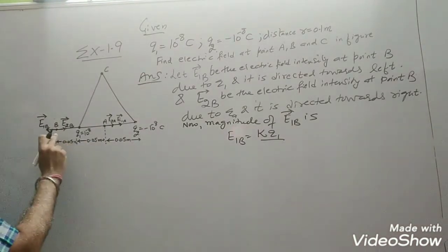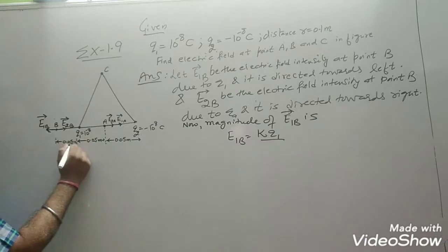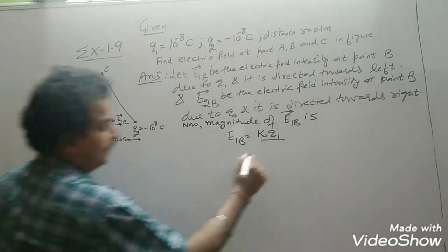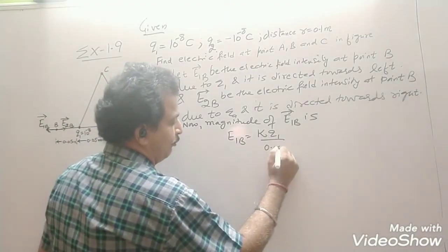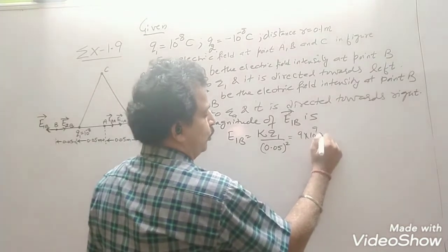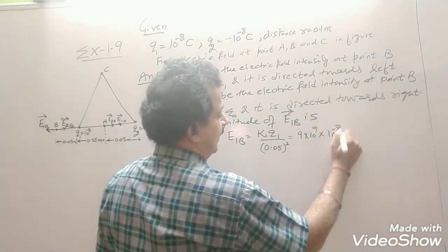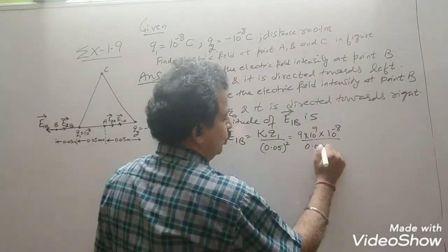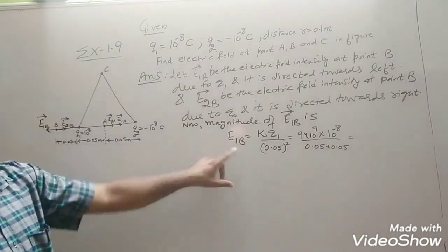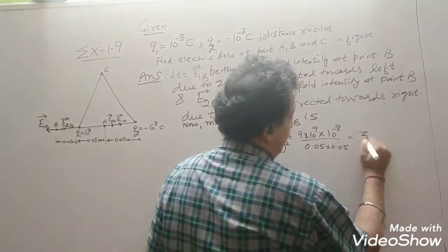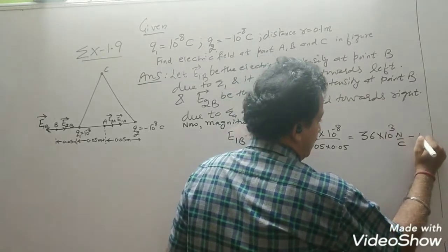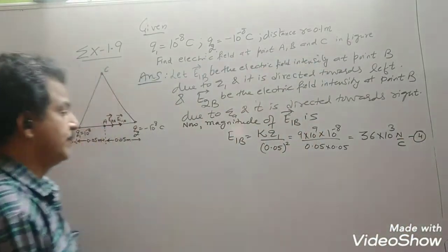The distance between Q1 and B is given in the figure as 0.05, so 0.05 whole square. So this is equal to 9 into 10 raised to 9 into 10 raised to minus 8 upon 0.05 into 0.05, and as calculated earlier it is similar to E1A, that was 36 into 10 raised to 3 Newton per Coulomb. This is our equation number 4.